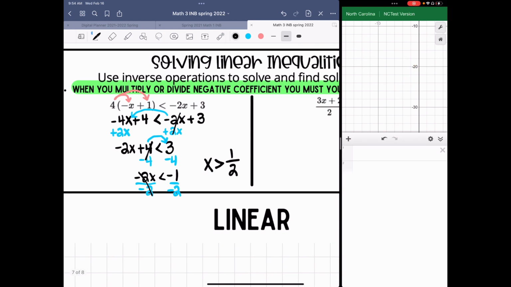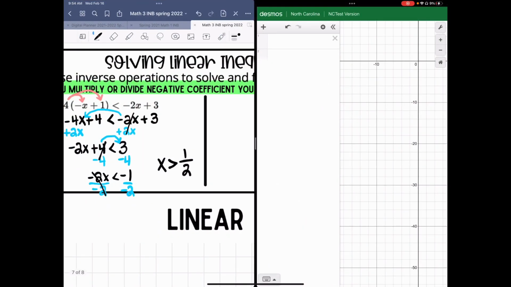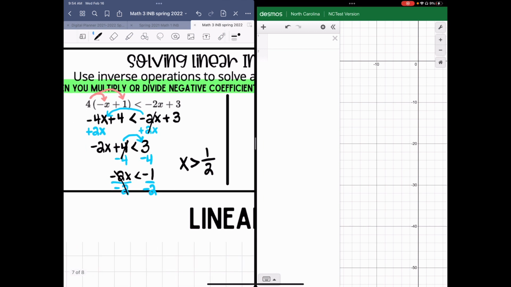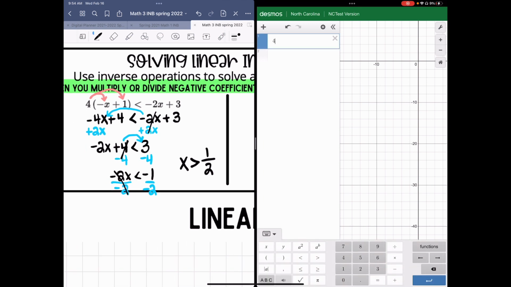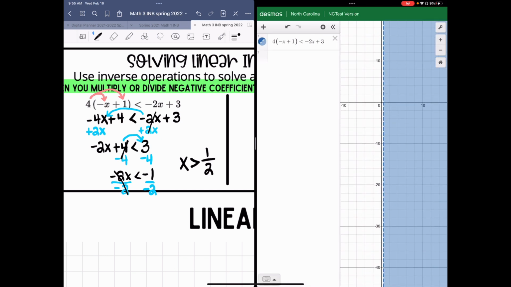Now, here's the great thing about Desmos and inequalities. Desmos will actually graph an inequality as you have it, versus an equation that it will not. So if I type this in exactly like I see it, it's going to do some shading. So how do I figure this out?